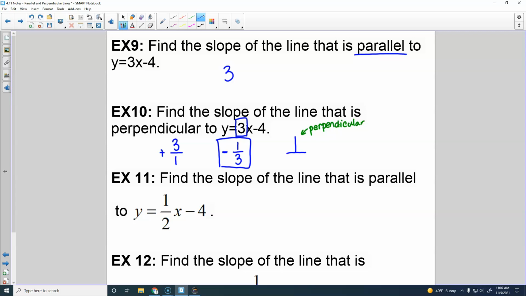So we just make up symbols for them. I didn't make this up. This is a standard symbol for perpendicular, so you can use it with any mathematician, and they should know what you're talking about. So perpendicular M is what you'll see a lot of times, because M is the letter we usually use for slope. So sometimes it'll be written like this: the perpendicular slope equals -1/3.